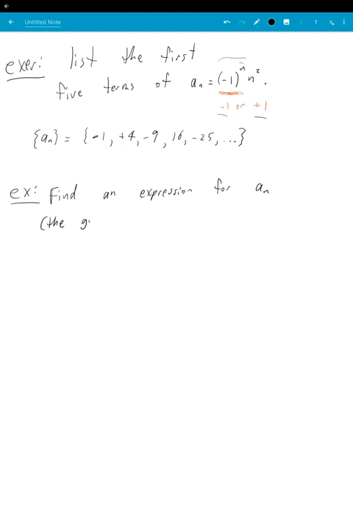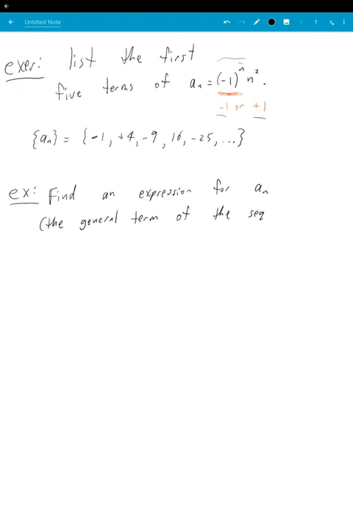This is called the general term of the sequence. A: the sequence here is going to be 1, minus 4, 9, minus 16, dot dot dot.